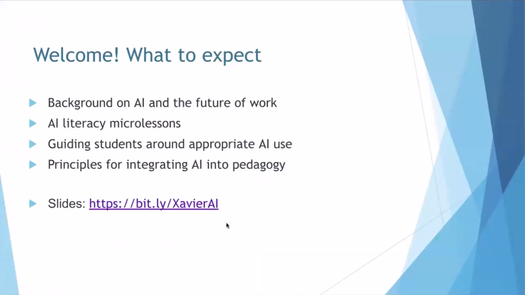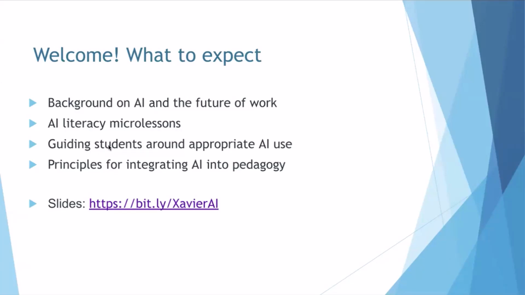So just to give you a heads up on what to expect, I want to cover a lot of bases and offer some framing and some practical guidance that would be useful, starting out with basic background on AI and the future of work. Then some ways to introduce AI literacy in the classroom that are very simple and quick.